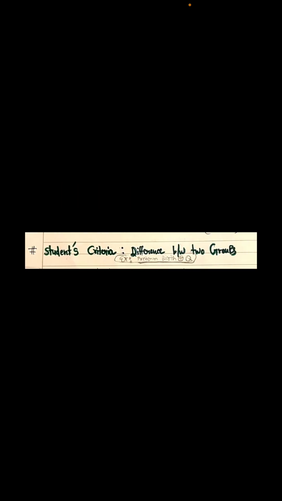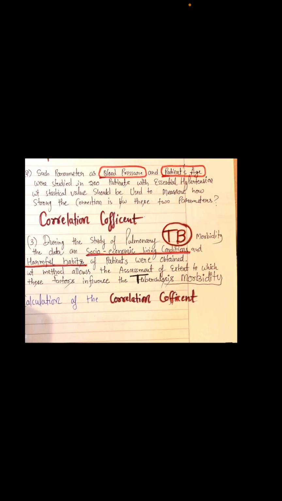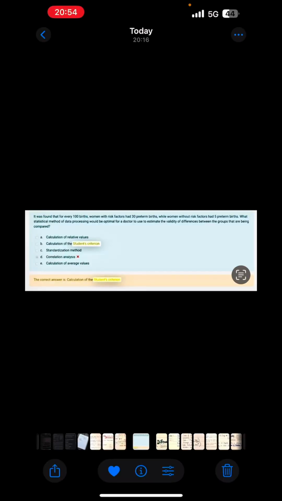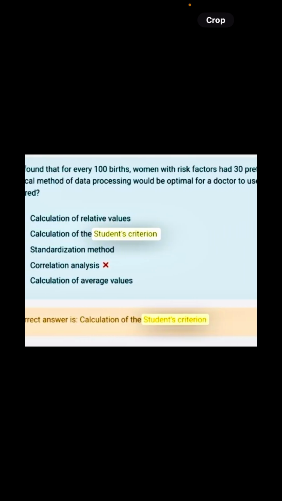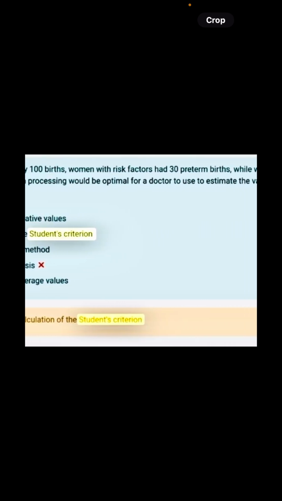Next is the student's criterion. The student's criterion is the difference between two groups. We often confuse the student's criterion and the correlation coefficient in KROK questions. I saw a question: it was found that for every 100 births, women with a risk factor had 30 preterm births, while women without the risk factor had only 5 preterm births.